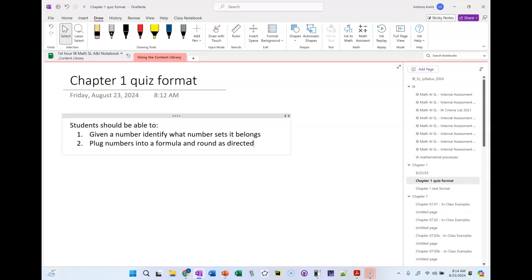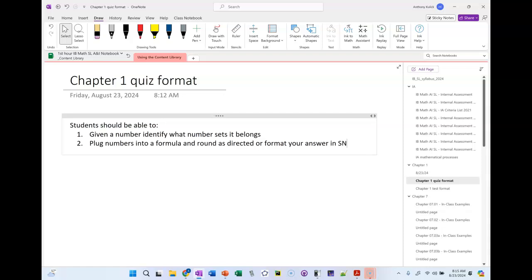You'll be asked to plug some numbers into a formula, round as directed, or format your answer in scientific notation.